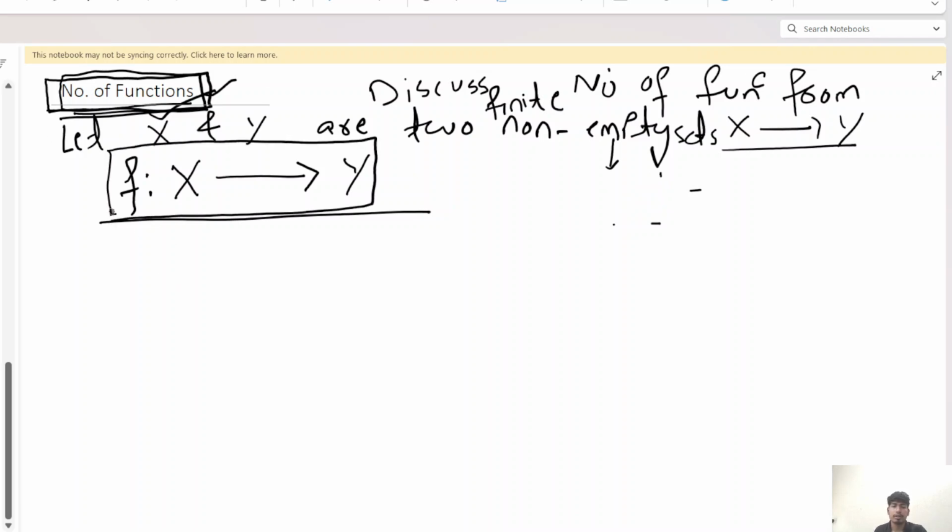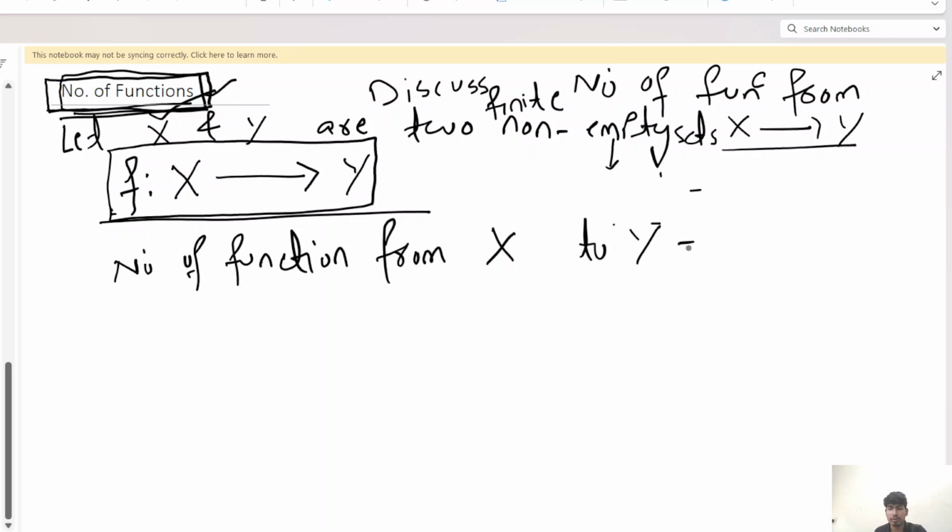The number of functions from x to y is the cardinality of y to the power of the cardinality of x.